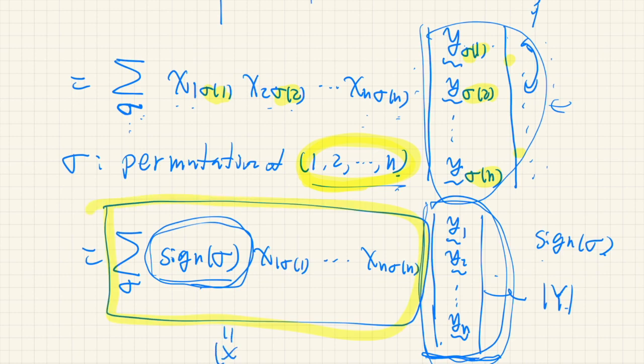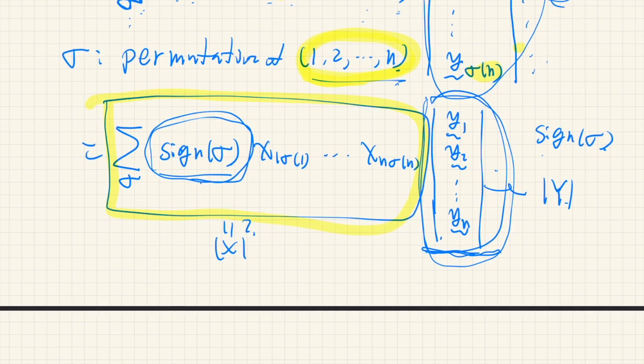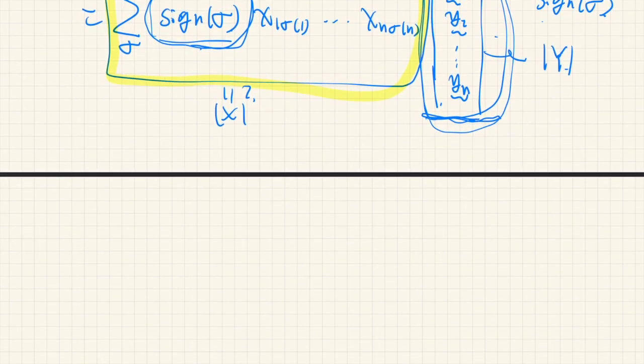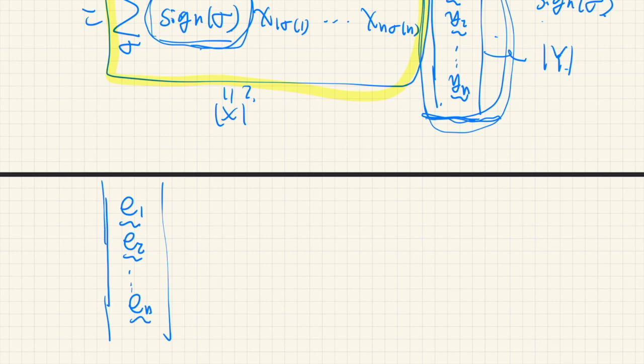So is this really equal to this determinant of x? So let's show that. Okay, to begin with, first note that this determinant, e1, e2, and so on, en. Each of these vectors is the unit vector, the orthogonal basis vector. So e1 is something like this.